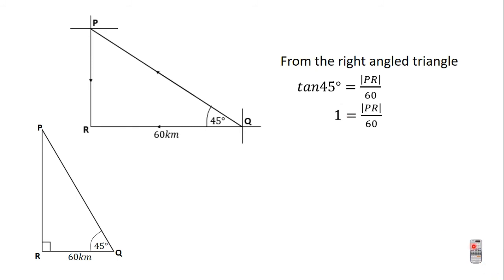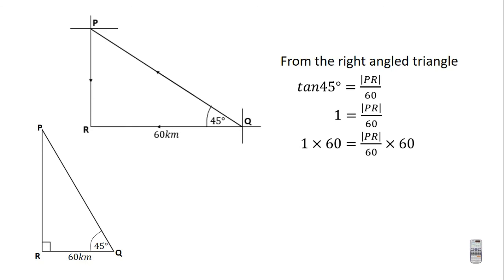Tan 45 degrees is 1. If you punch tan 45 degrees on a calculator, you will see that it is 1. So 1 is equal to PR over 60 kilometers. So we have to find PR here. What I'll do is multiply both sides by 60 kilometers.